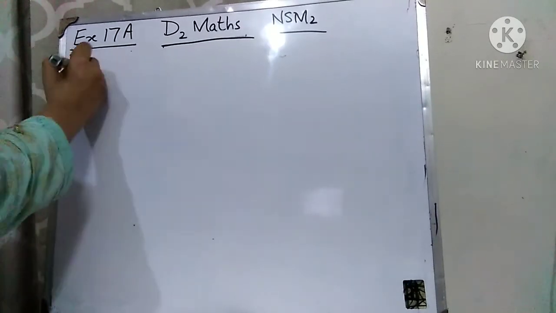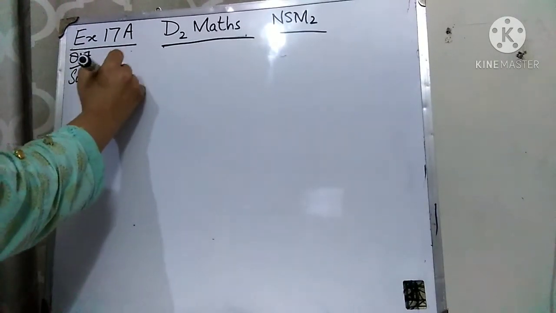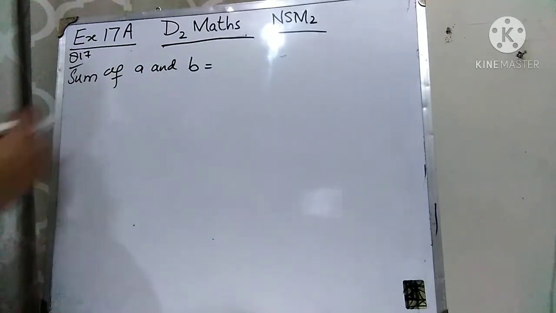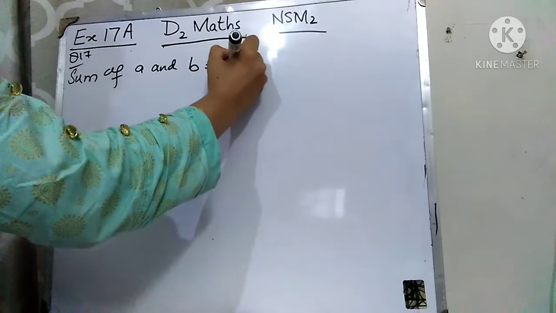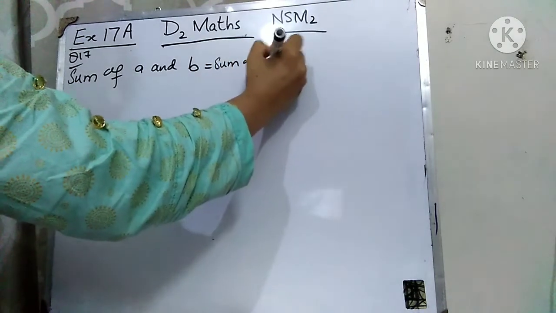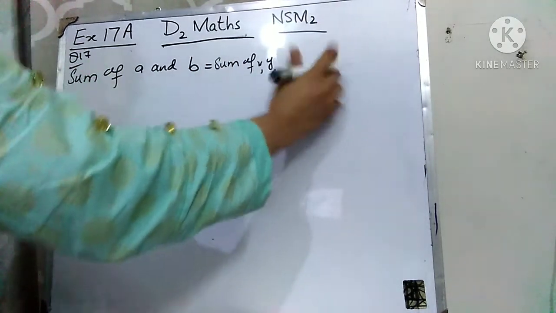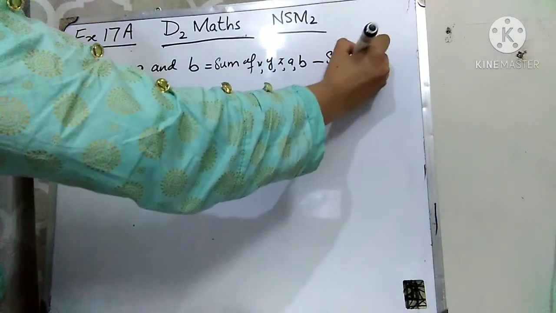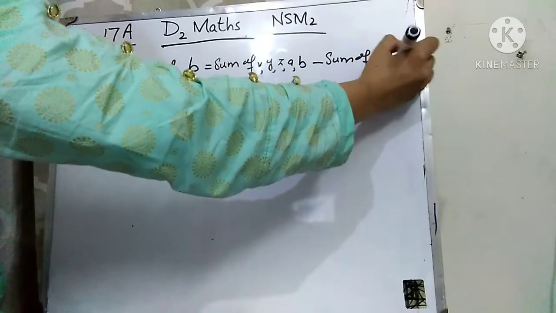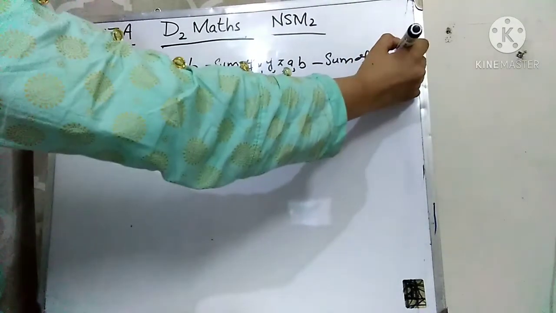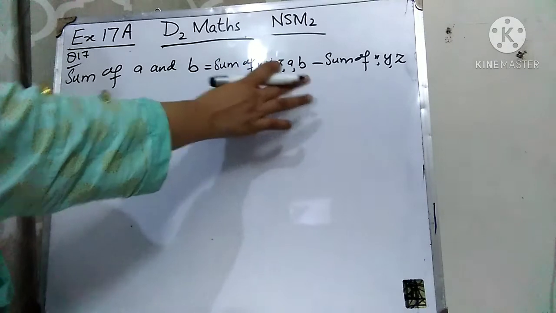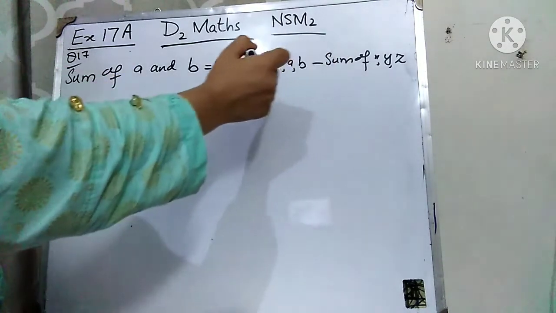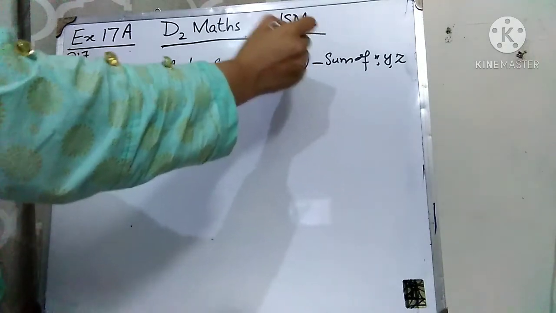Okay, now we can find out the sum of a and b. How can we find out the sum of a and b? If we subtract the sum of x, y, z from the sum of x, y, z, a and b, we can get the sum of a and b, because when you subtract the sum of x, y, z from the sum of x, y, z, a, b, we will just get the sum of a and b.